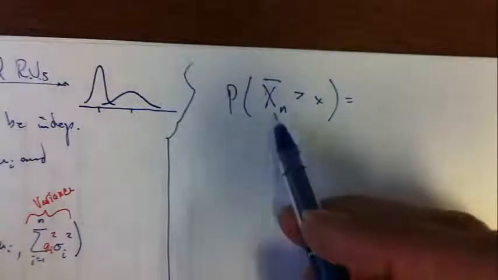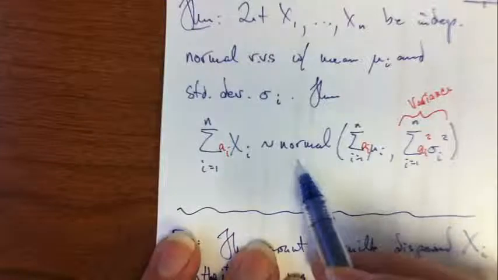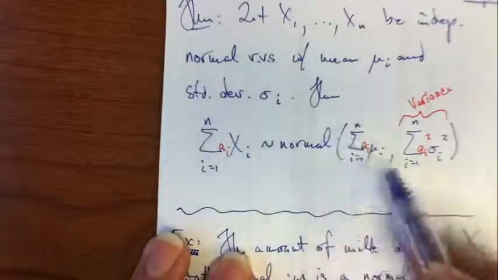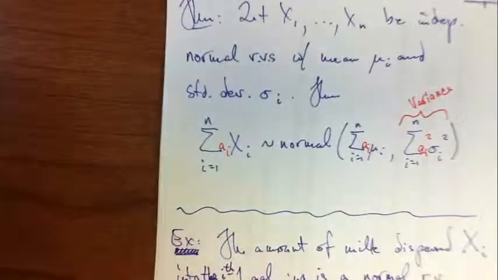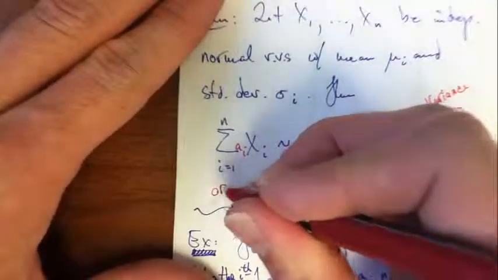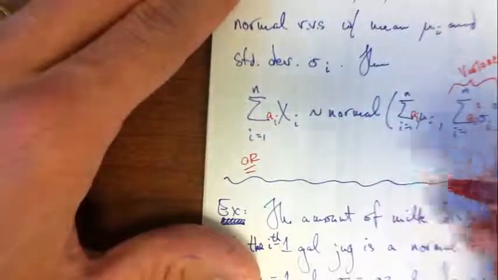By the way, notice that this problem is asking a question about the behavior of the random sample mean, but over here we have a result about the sum of normals being normal. Okay, well, it turns out there are at least a couple of ways to look at this. You could look at this result in terms of the sum behaving normally this way, or if this is true, then it turns out that this is the same thing.